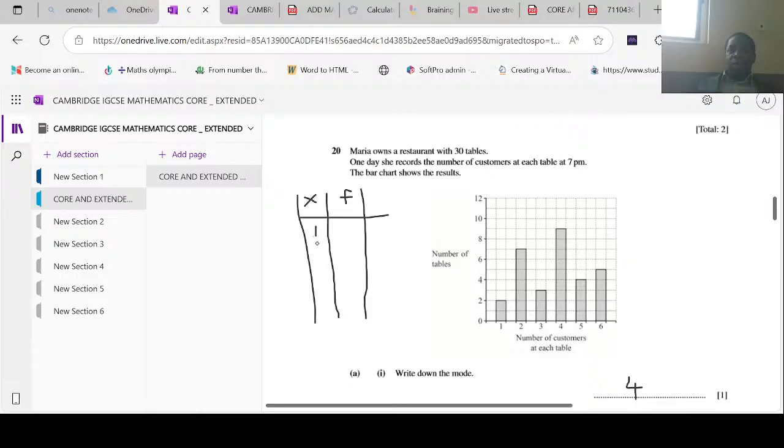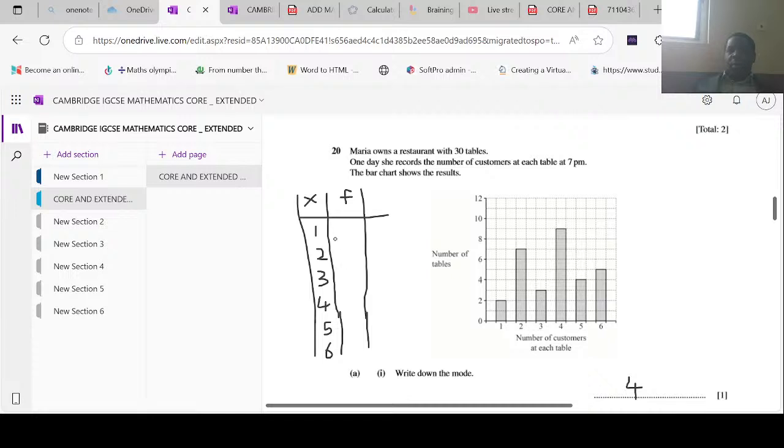So we have 1, 2, 3, 4, then we have 5 and 6. Okay, that's the number of customers.